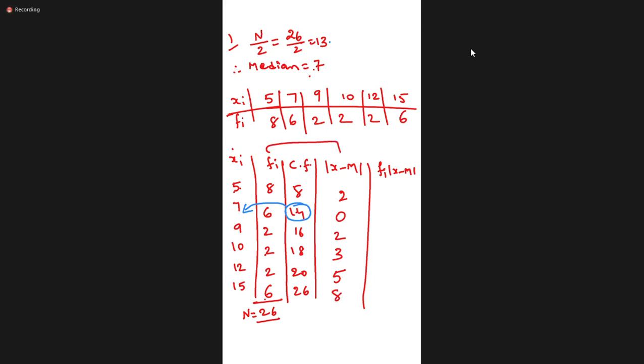Now multiply: 8 twos are 16, 0, 4, 6, 10, 48. Add them: 84.